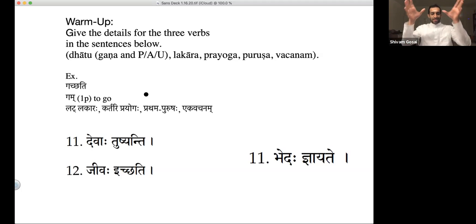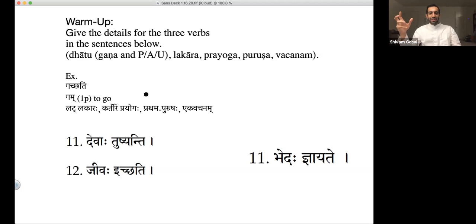So this tree that we made is basically what we're doing on the screen. We're giving all the details, but we have to remember the structure. It seems like a lot of information, but basically it is dhatu and ting pratyaya: dhatu gives a certain amount of information and ting pratyaya gives a certain amount. Dividing it like that helps us remember.